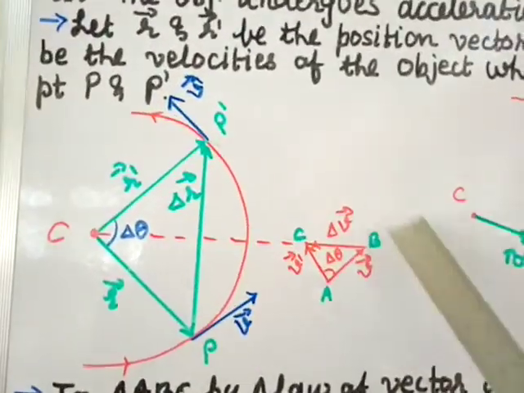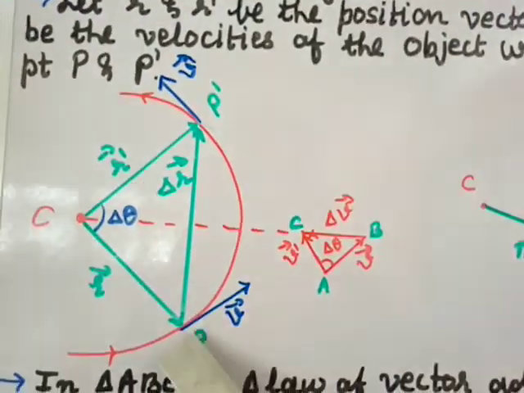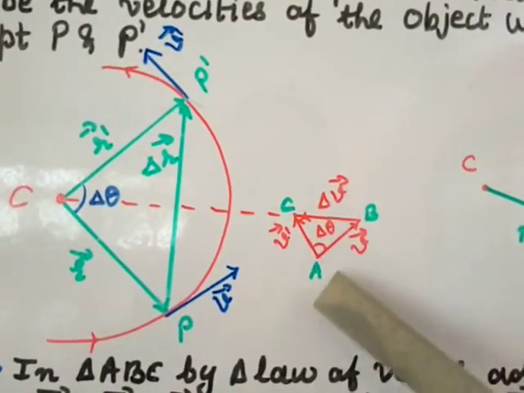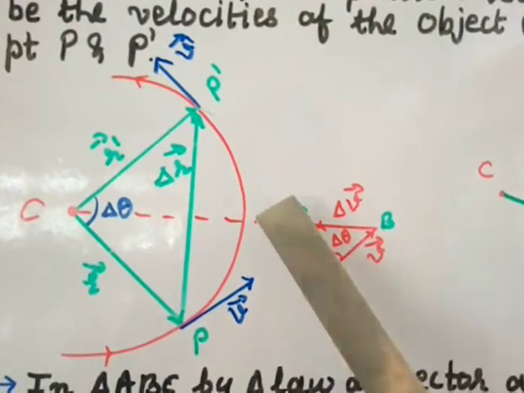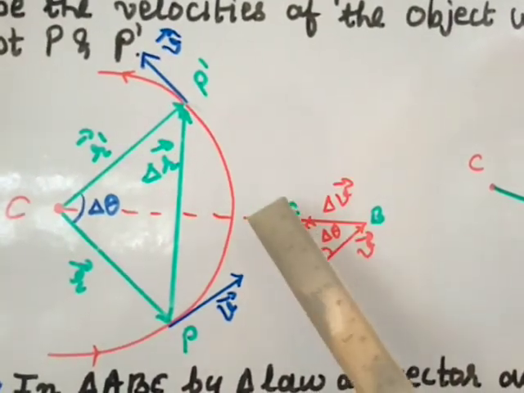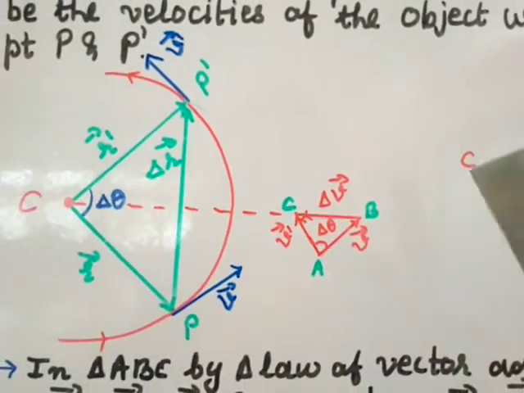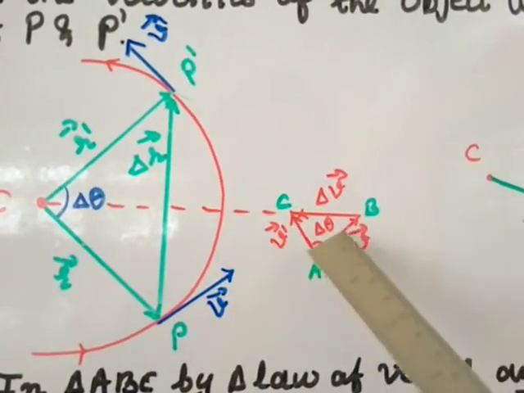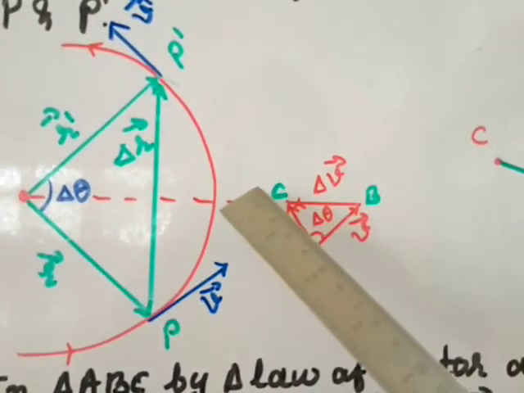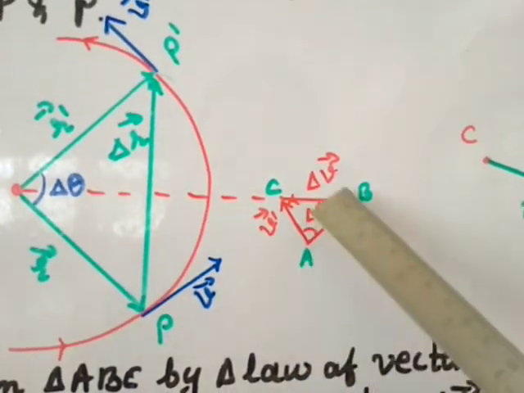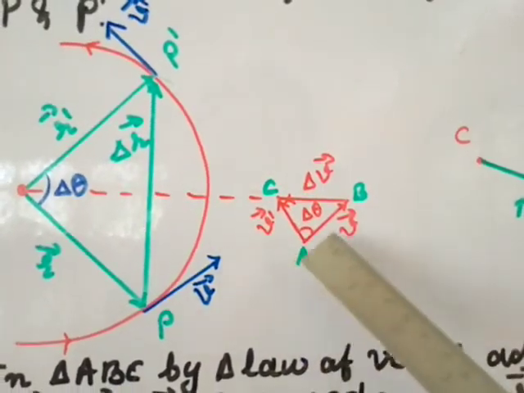In triangle ABC, this is velocity v, I have placed here v. Then in this direction I have placed v dash. Then by using the triangle law of vector addition, the difference between these will be given by the straight line joining these two points, that is in this direction. So this delta v will be v dash minus v.